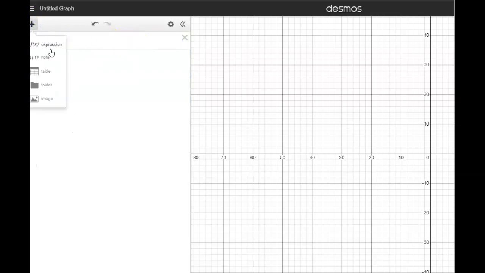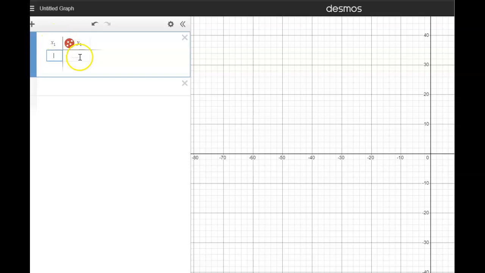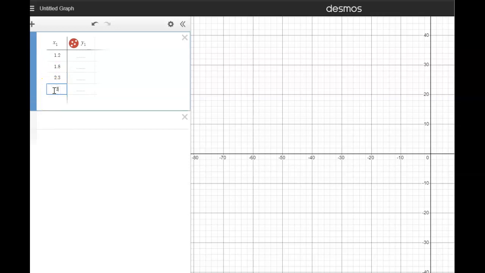Now, when I add my table, notice I've got x1, y1. Again, I just go through and put in my values. I've got 1.2, 1.8, 2.3, 3.0, 4.4, and 5.2. These are all my x values.